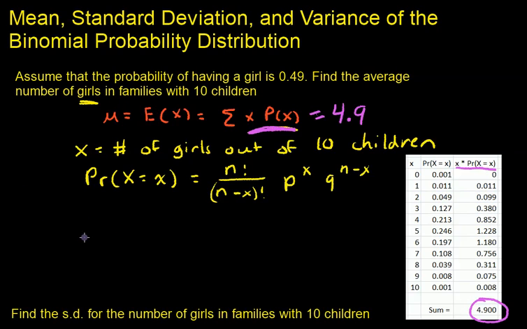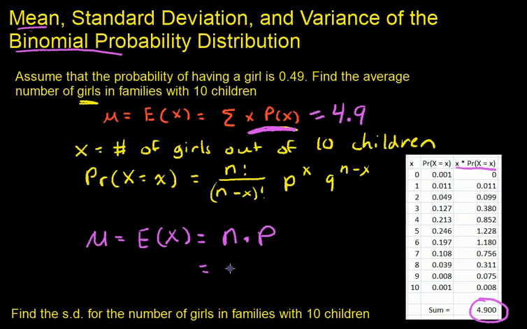You can use the formula for calculating the mean of binomially distributed random variables: mu, the same thing as the expected value, equals n times p, the number of trials times the probability of success.